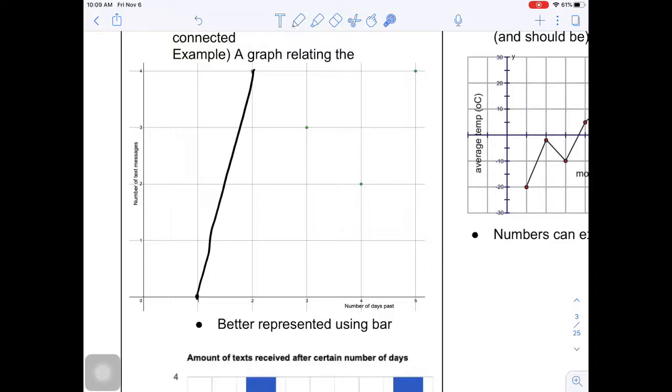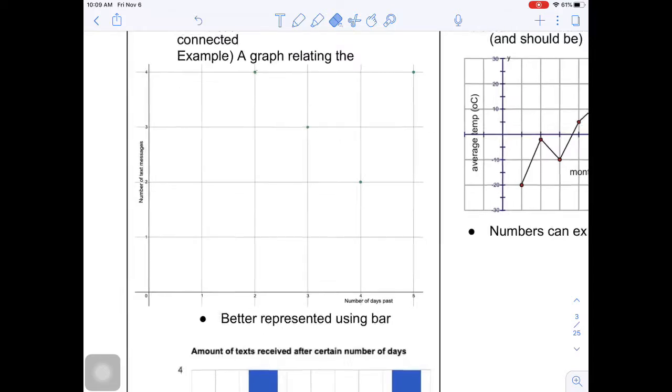Because can we have half a text message be received? No, we can't have 1.5 text messages received. So we can't really see a trend here because we cannot connect these points because this is known as discrete data. Okay, text messages only come in 1, 2, 3, 4, 5.